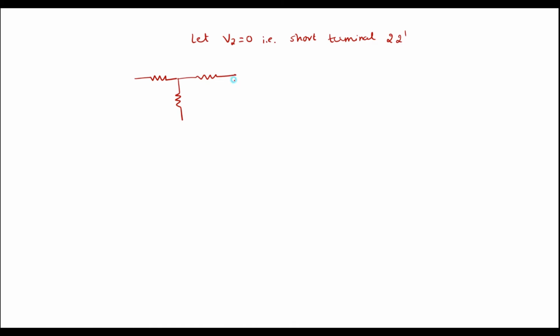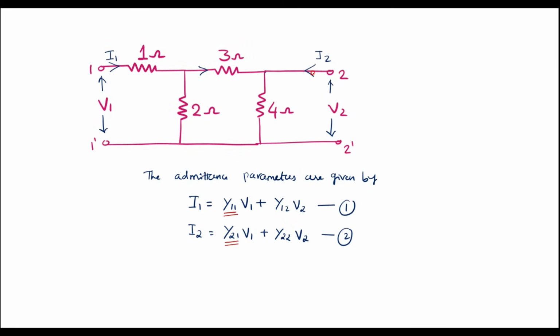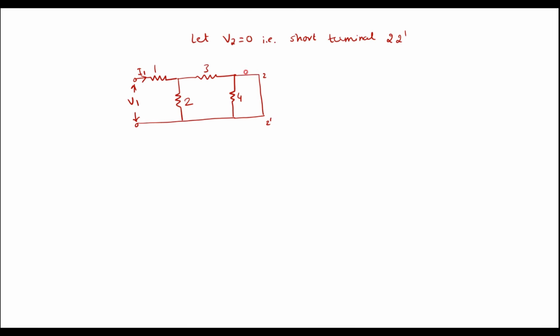Here we have 3 ohm. Here we have 4 ohm, and here this part is shorted. This was 2 dash, and here we can see that the voltage is V1, and we have assumed that the current flowing here is I1. Here the current is I2. When we short this, the same current will appear, that is I2.